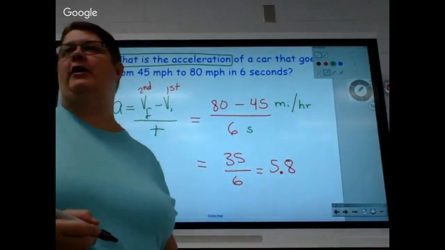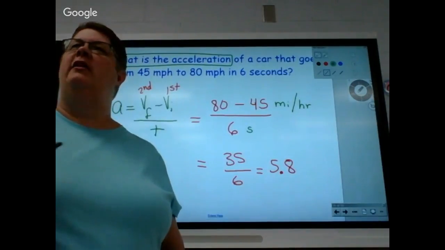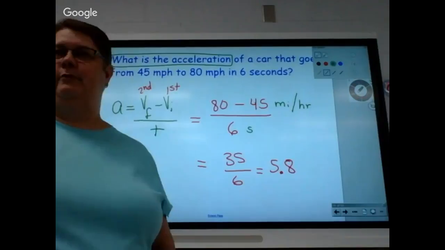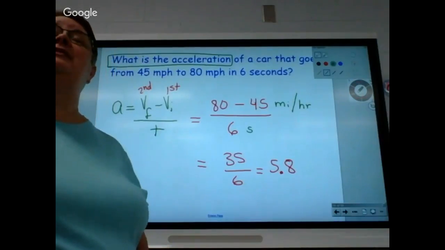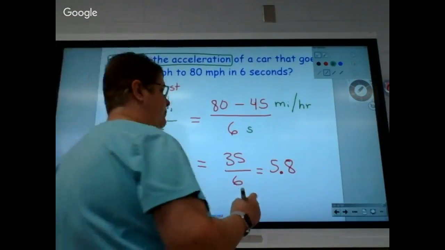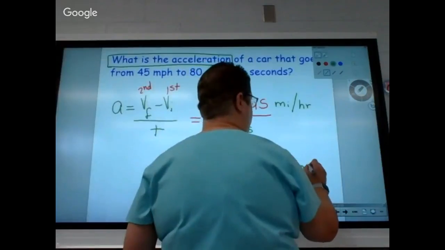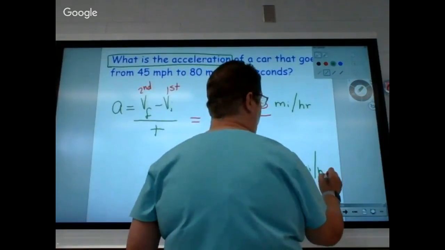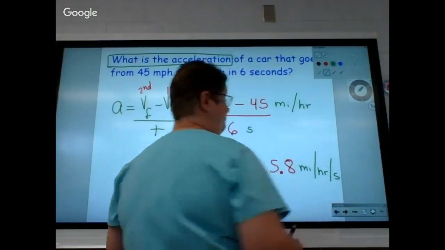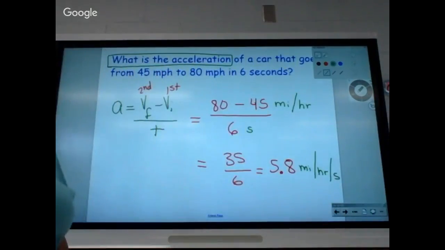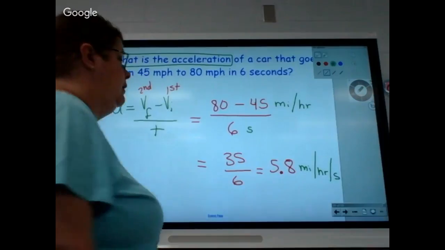In acceleration, when we divide, nothing cancels out. So everything stays in acceleration. So you write miles per hour per second. You keep it all. Okay? Everybody got it?